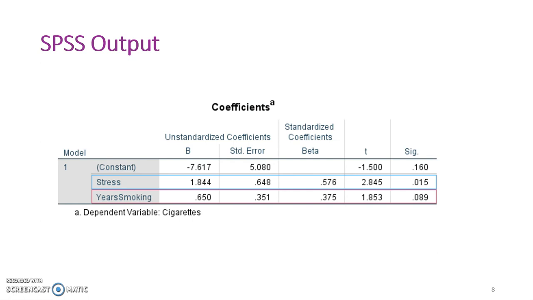So stress is significantly influencing smoking intensity, or stress significantly predicts smoking intensity. The t-statistic relating years smoking to the smoking intensity outcome is 1.853. And it's not significant because the p-value is 0.089. If p is greater than 0.05, then that's not a significant predictor.